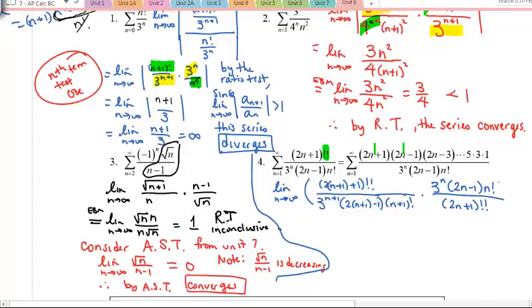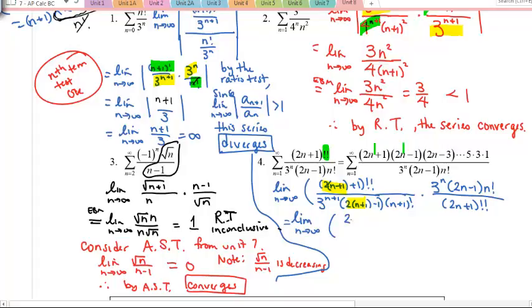And now it's time to simplify. Maybe what I will do, so that you can see what's going on, is expand this out first, and then when we do the ratio test there will be some simplifications.